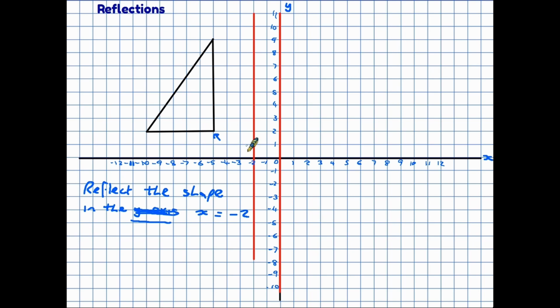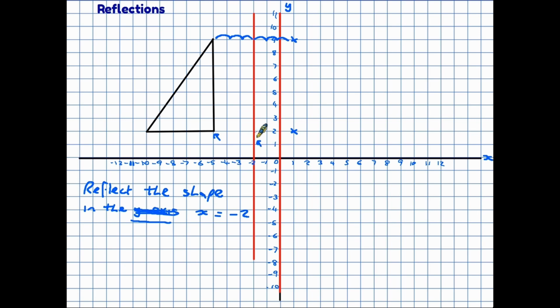But we're going to follow the same process. This bottom corner is now 1, 2, 3 away from the line, so we're going to move 1, 2, 3 in the opposite direction. Don't forget we're using this line now. The top corner is 1, 2, 3 away, therefore we're going to move 1, 2, 3 in the opposite direction.